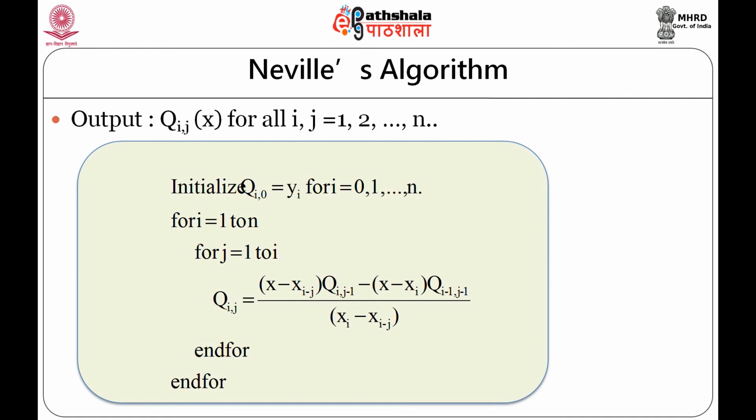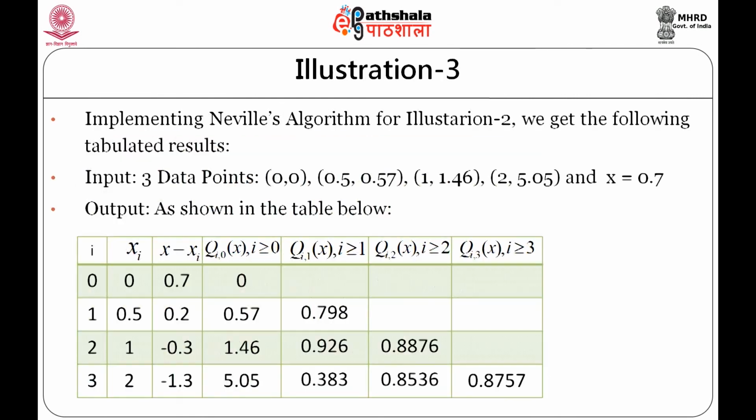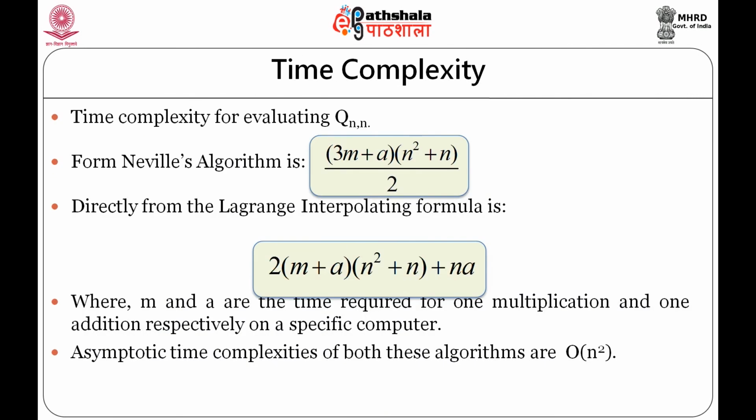So the total number of times the q i j expression is evaluated is n into n plus 1 by 2 times. So n into n plus 1 by 2, that is n square plus n by 2, is the number of times that expression for q i j is evaluated.